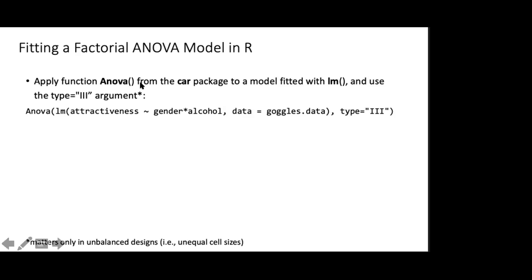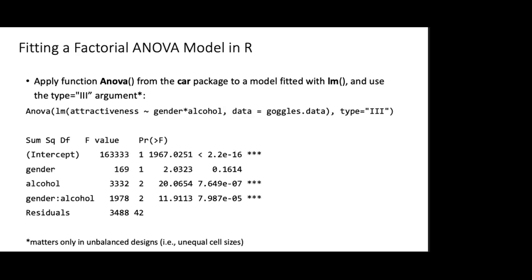And then also just a reminder, you only have to worry about the type of sum of squares if your sample sizes are unequal. Otherwise, it doesn't matter, it's the same. So if you just use type 3 as a default, you won't err terribly. You won't make a horrible mistake if you just use that as a default, even if your design is balanced. Okay.